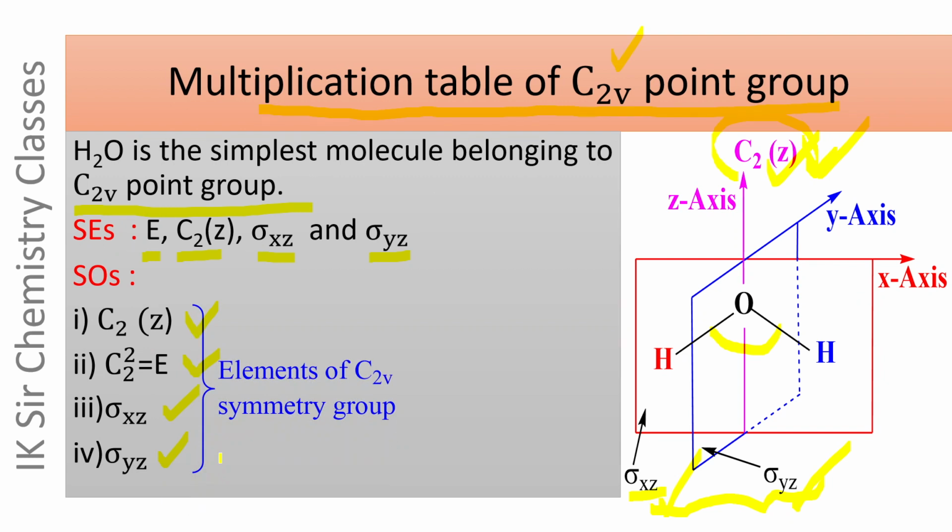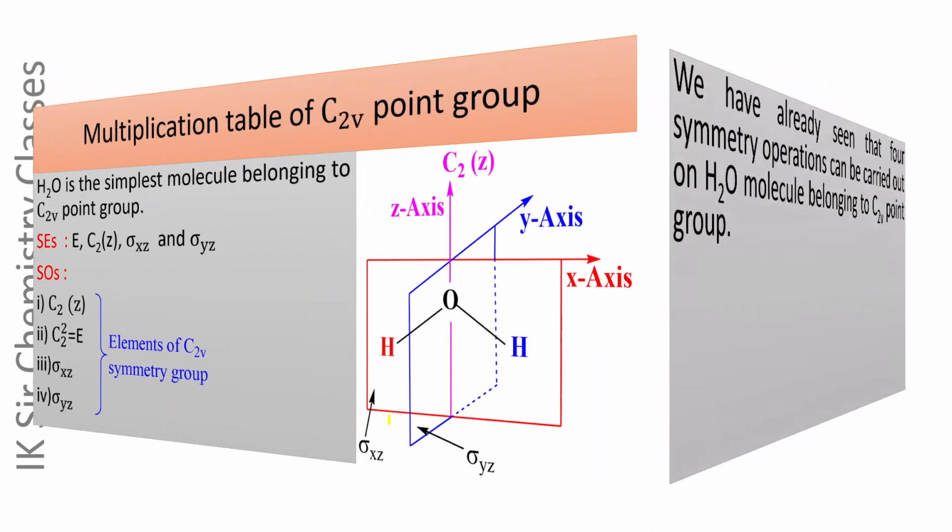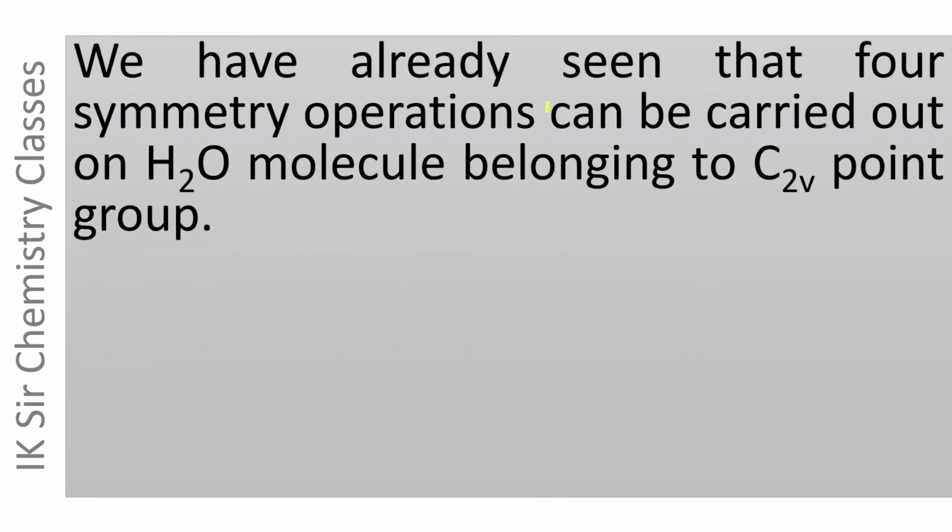These symmetry operations are the elements of the C2v symmetry group, which is nothing but a mathematical group. We have already seen that four symmetry operations can be carried out on H2O molecule which belongs to the C2v point group, and these are C2, C2 squared, that is E, sigma xz, and sigma yz.